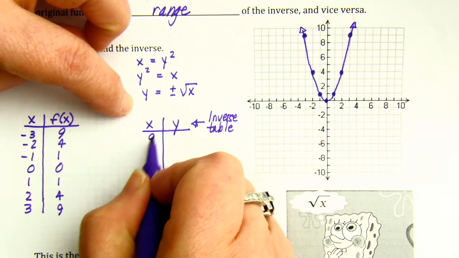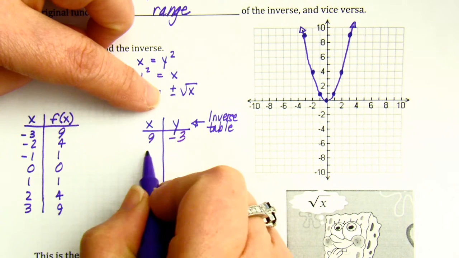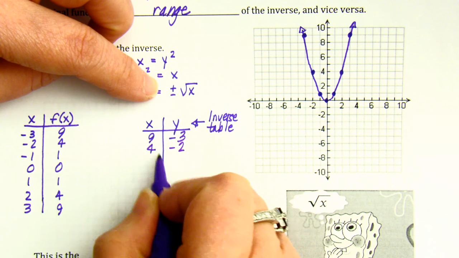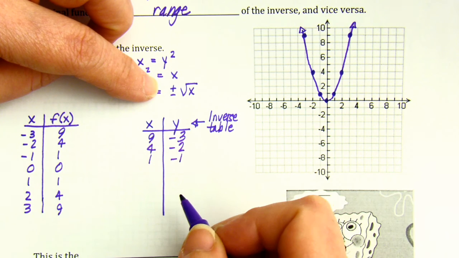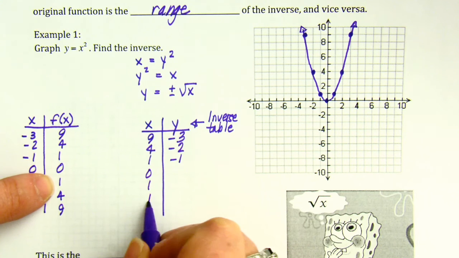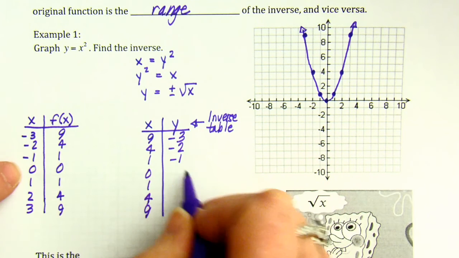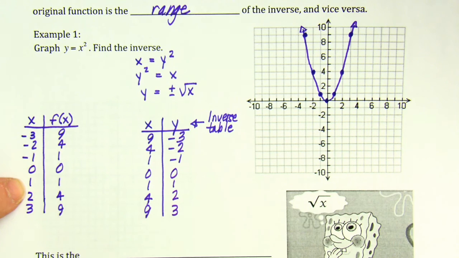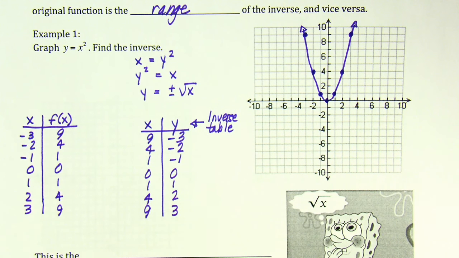So this is 9, negative 3. This is 4, negative 2. This is 1, negative 1. Or just copy down. Okay, we got 0, 1, 4, 9. And here we have 0, 1, 2, 3. So the x's and the y's switch.